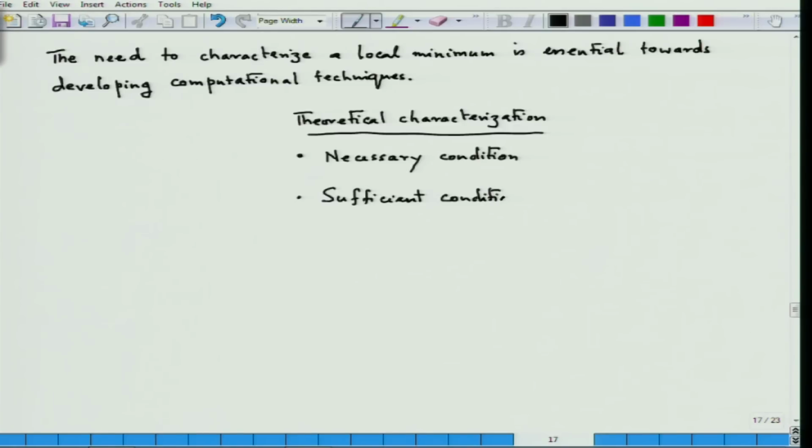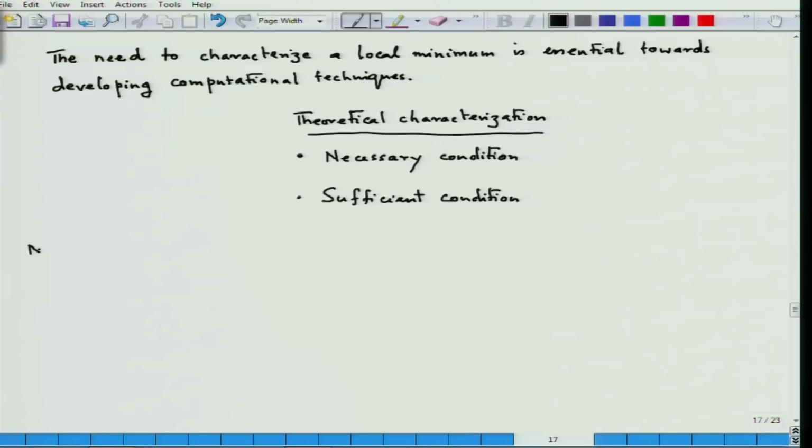A large amount of optimization literature is geared towards designing these sorts of conditions for various types of optimization problems. Now, why do you need a necessary condition and why do you need a sufficient condition? A necessary condition tells us how to compute a candidate point for a minimum. So, the necessary condition tells us who can be a candidate for a minimum.